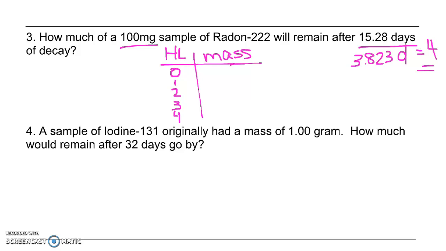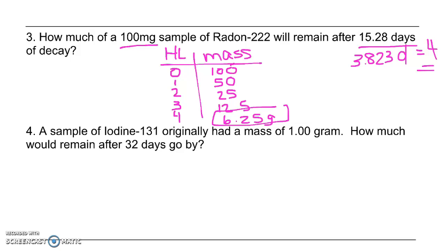I started with 100 grams, and then what happens every time a half-life goes by? The mass gets cut in half, so I'd want to cut 100 in half. Then I'd want to cut 50 in half. Then I would cut 25 in half, and then I'd cut 12.5 in half. And I would end up with 6.25 grams.